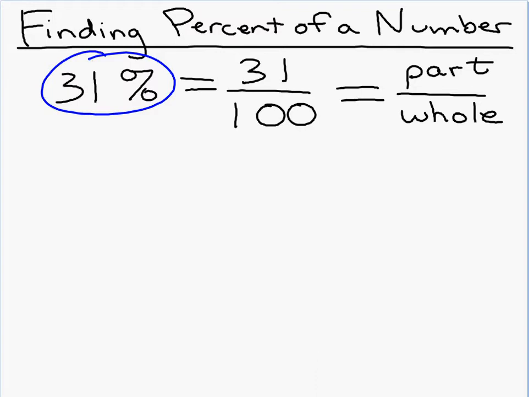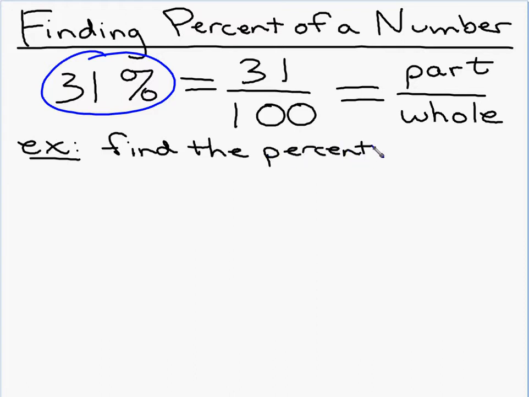So today, what we're going to be doing is you're going to be asked to find the percent of a number, and we're going to do that using this relationship I just talked about, but I'm going to add something to it.